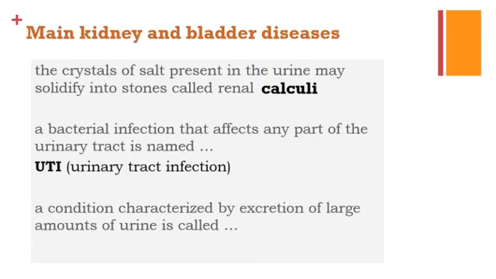A condition characterized by excretion of large amounts of urine is called diabetes insipidus. These conditions are usually diagnosed thanks to a set of symptoms. Let's see what they are.